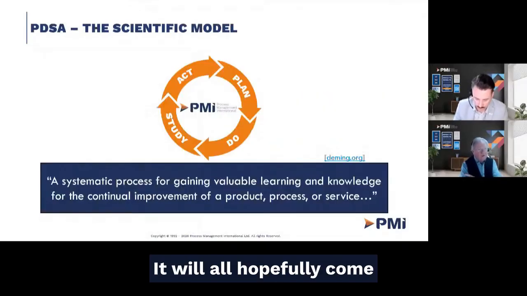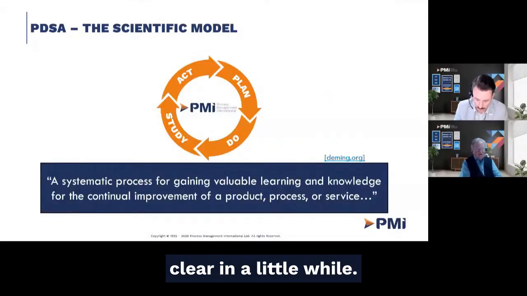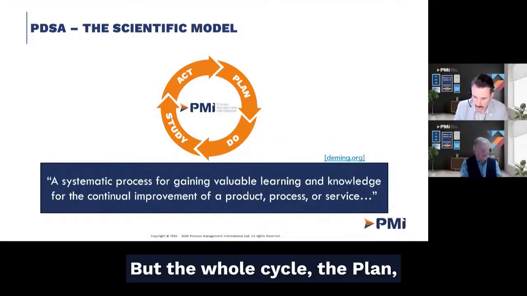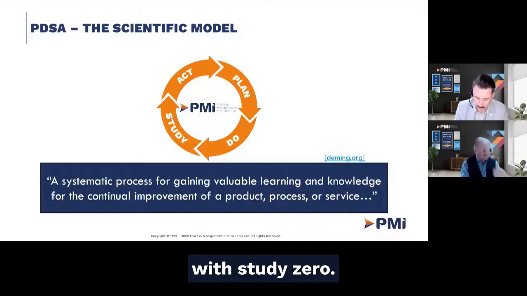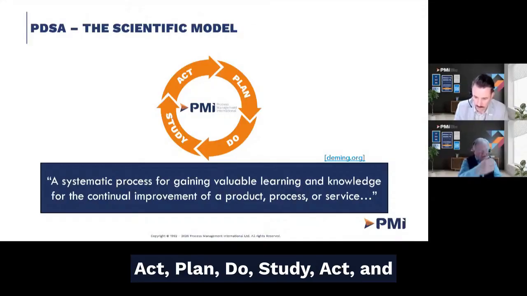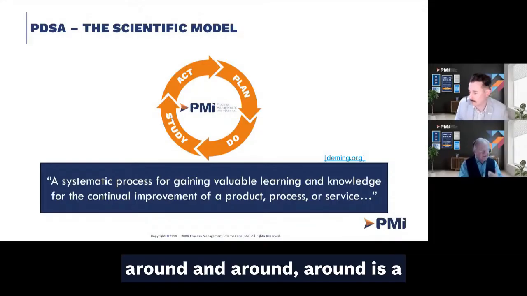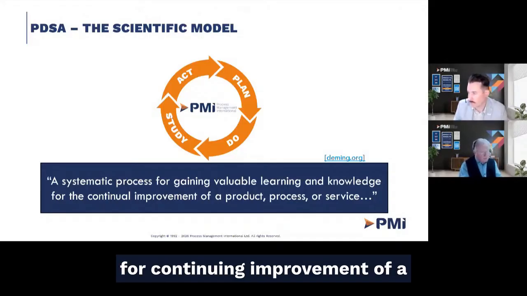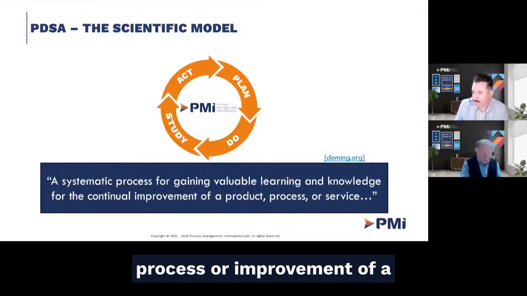It will all hopefully come clear in a little while. But the whole cycle, plan, do, study, act, starting with study zero, and around and around and around, is a systematic process for gaining valuable learning and knowledge for continuing improvement of a product, improvement of a process, or improvement of a service.